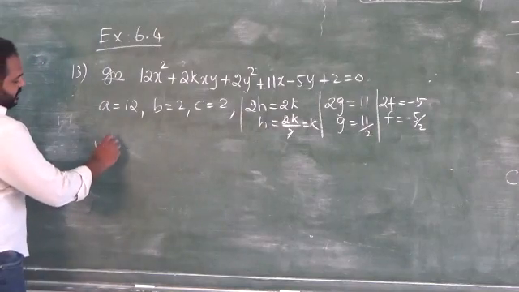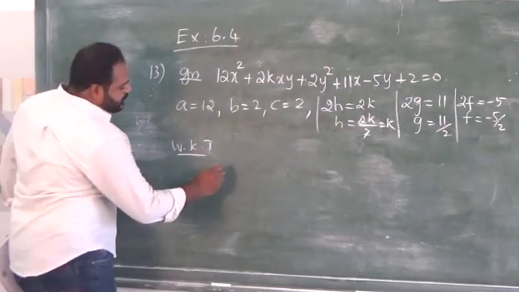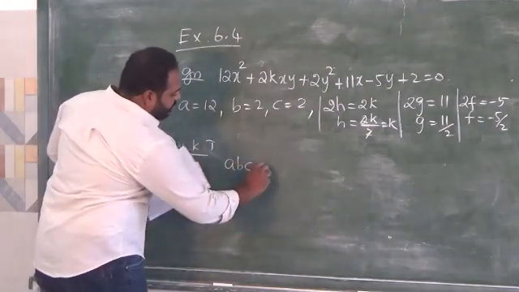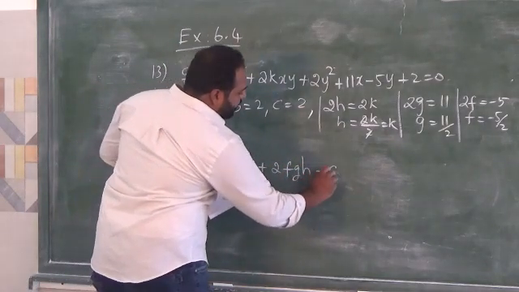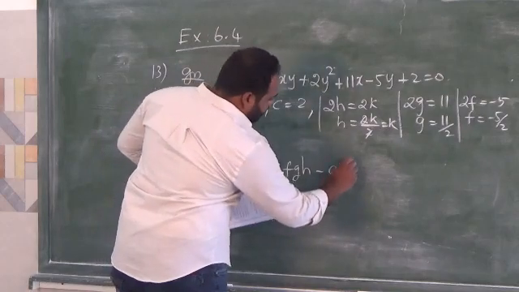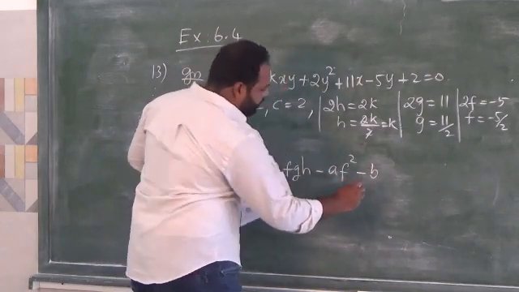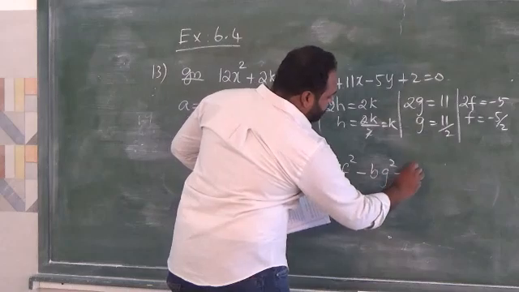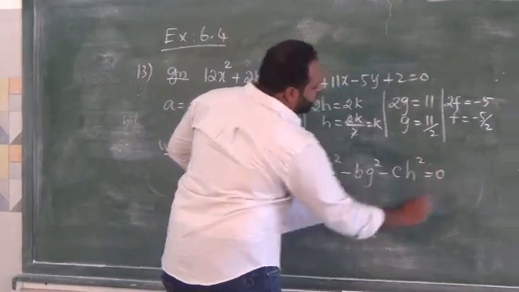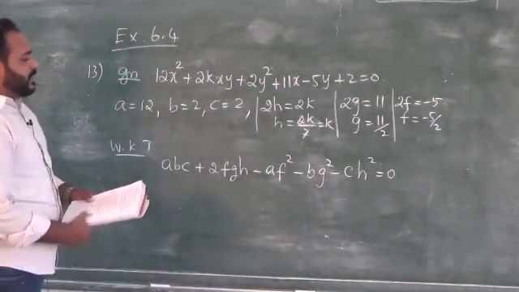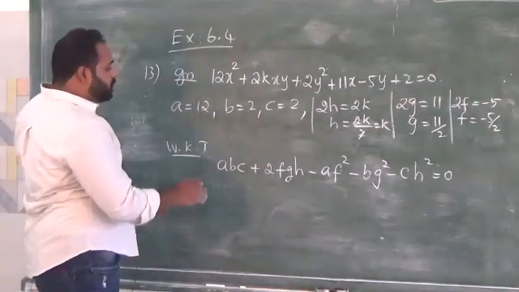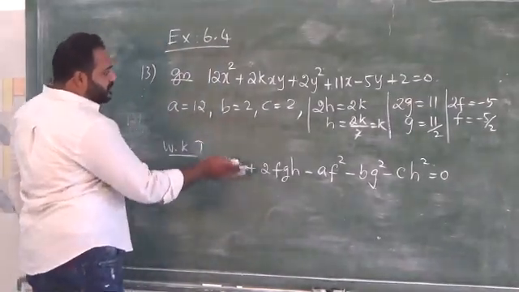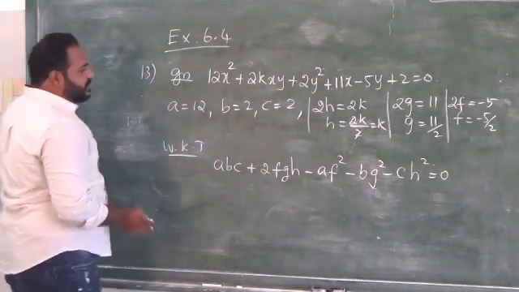Here we know that abc plus 2fgh minus af square minus bg square minus ch square equal to 0. Using this general form, I am going to find the k value. I am going to substitute the values in the general equation.